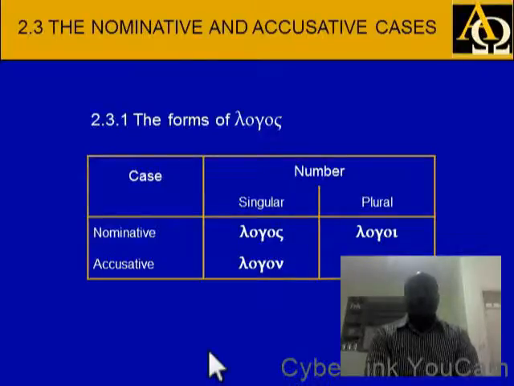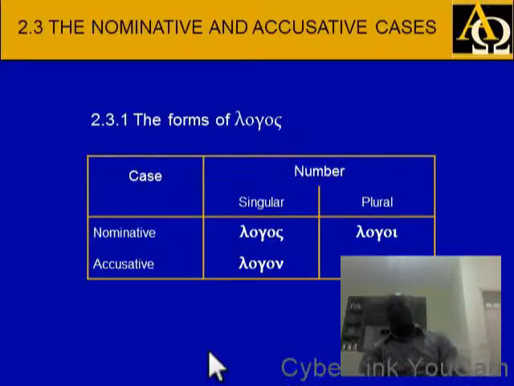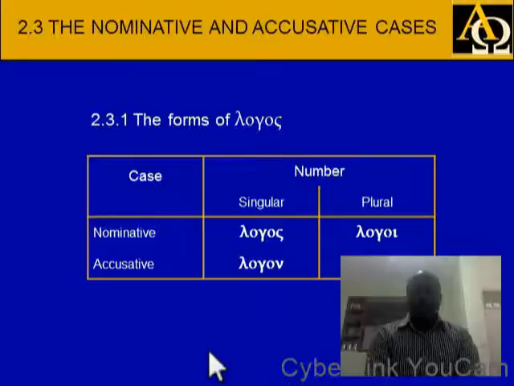The nominative is the subject, and the accusative is the object of the sentence. When you go back to your basic English, you realize that the subject is the one who does the action of the verb, and the object is the one who receives the action of the verb.